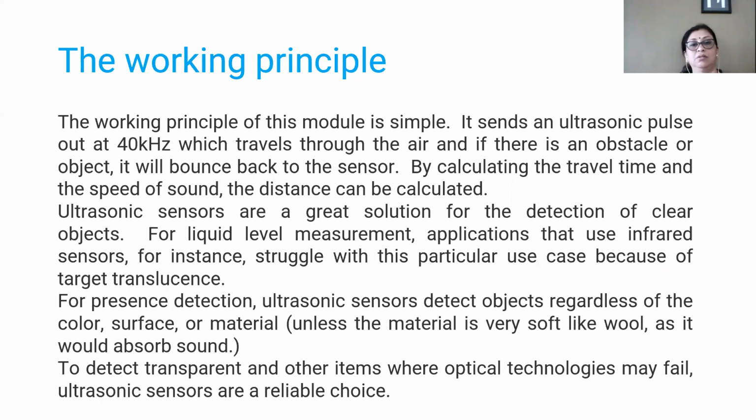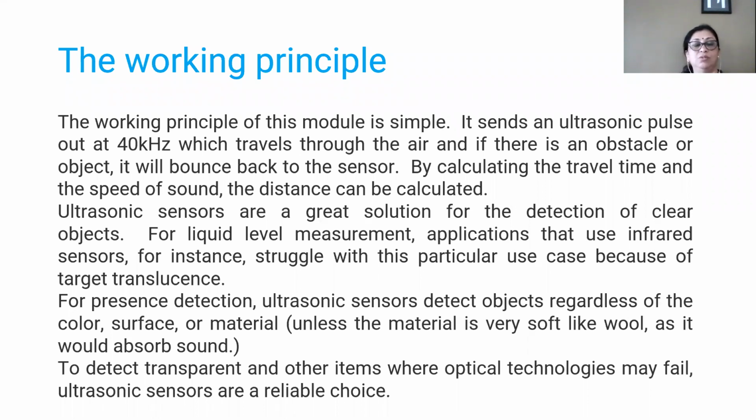There is electronics in this sensor which is capable of calculating the travel time. Using this travel time, and knowing the speed of sound, the distance between the source and destination can be calculated. So this is the basic principle behind the ultrasonic sensor.